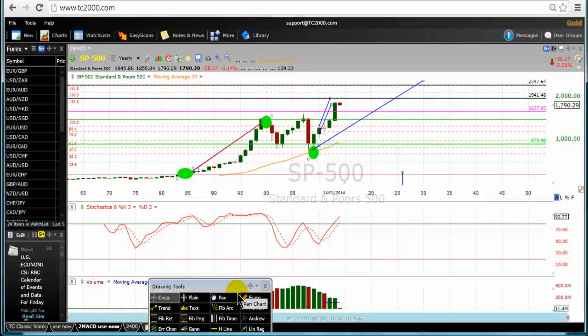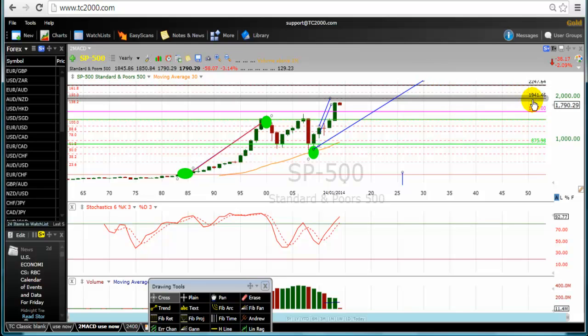It's not all about technical alone, though we are talking about the A, B, C, D chart pattern bringing us to the target zone of 2726. That will be possible only if we have solid fundamentals.